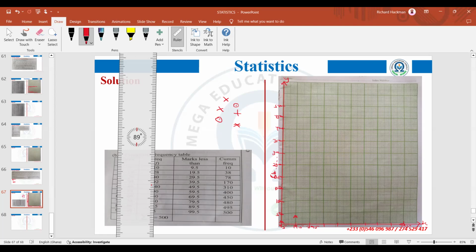So 78 will be somewhere. This is 50, this is about 100, so midway is 75. So 78 will be a little bit above this line. 2 small boxes will be 10, so close to the second small box. Then you continue. I hope you are following.